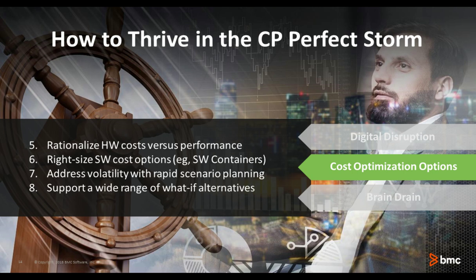The volatility that we experience and that we see can be addressed with scenario planning, where you can rapidly look at some alternatives and eliminate the ones that don't make sense quickly. And then you have to be able to support a wider range of what if this happens, or what if we did this, to enable your organization to make decisions.